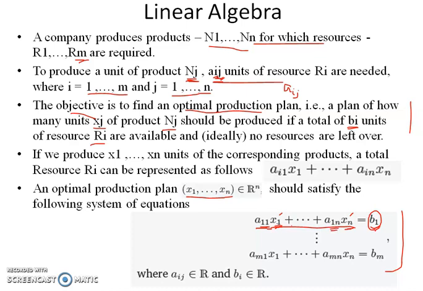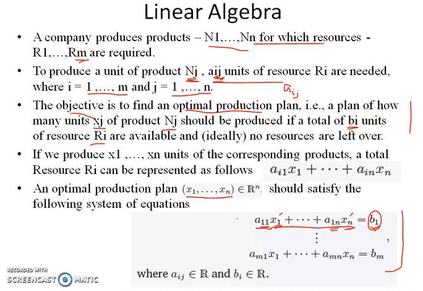I repeat, x1 to xn indicates the number of products that will be produced, and A11 up to A1n indicates the units of resource that is used in order to produce a product.